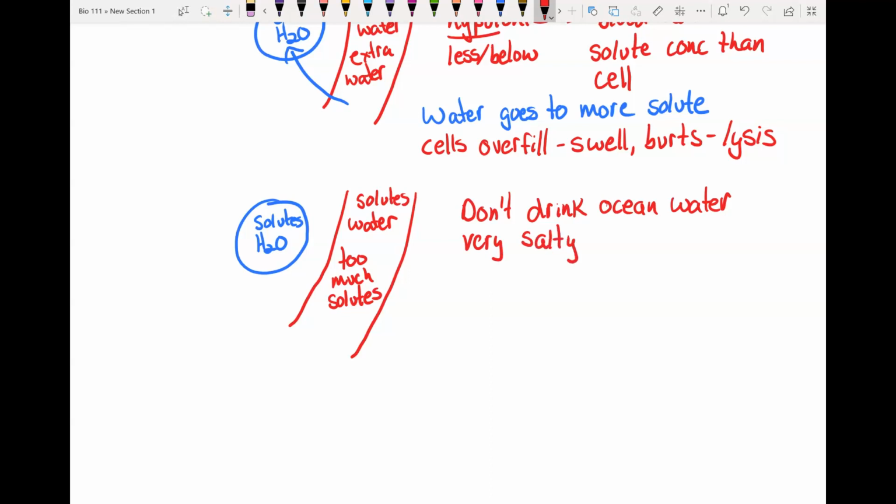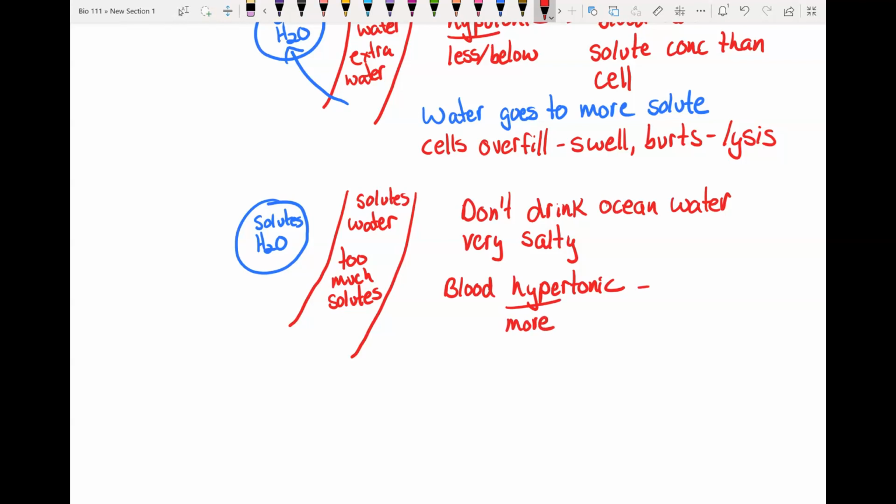If you were to drink ocean water, you would have so much salt in your blood that it would make your blood hypertonic. Hyper means more.